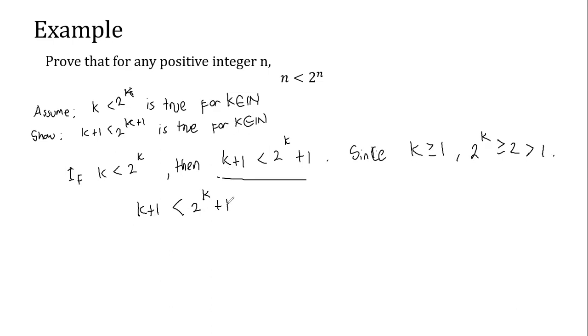We can say that since 2 raised to k is greater than 1, so masasabi din natin na ito ay less than 2 raised to k plus 2 raised to k.